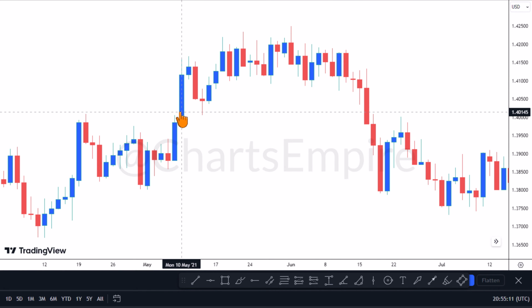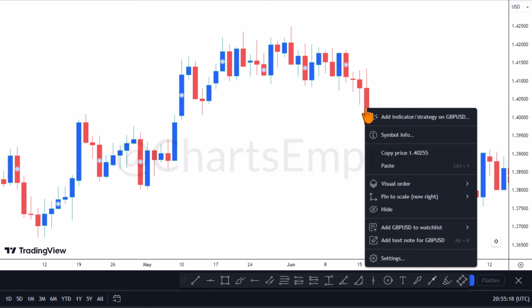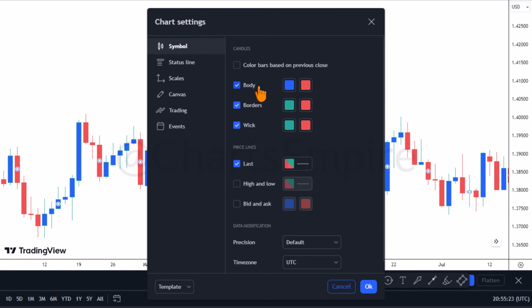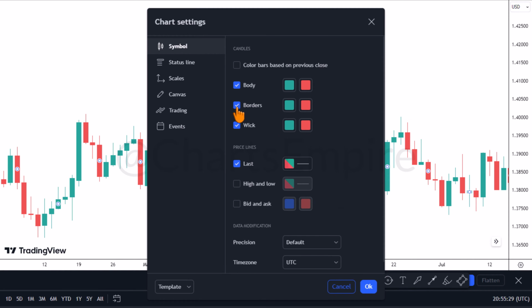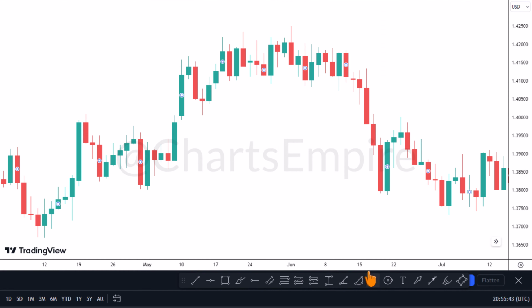You can modify the color of your candlestick on most trading platforms by just right-clicking on the price chart and moving your cursor to select settings. You can modify the color of the body, borders, and wicks. Do not worry for now if you don't understand what body, borders, and wicks are all about. We will delve into more detail in the next section of this tutorial.